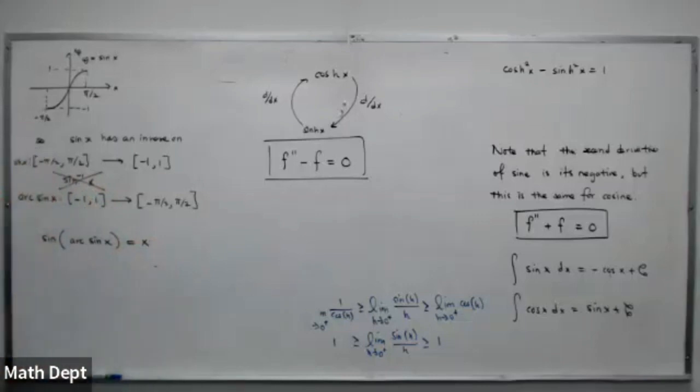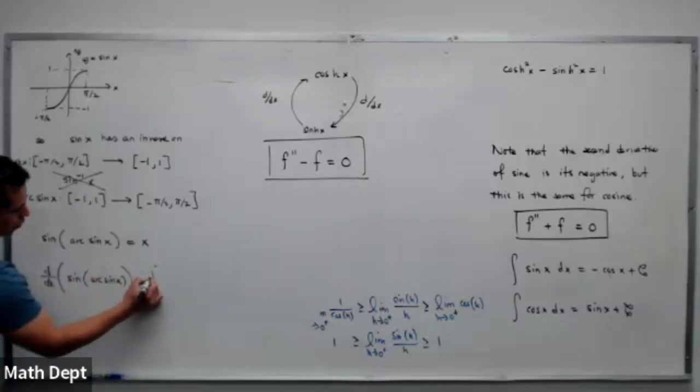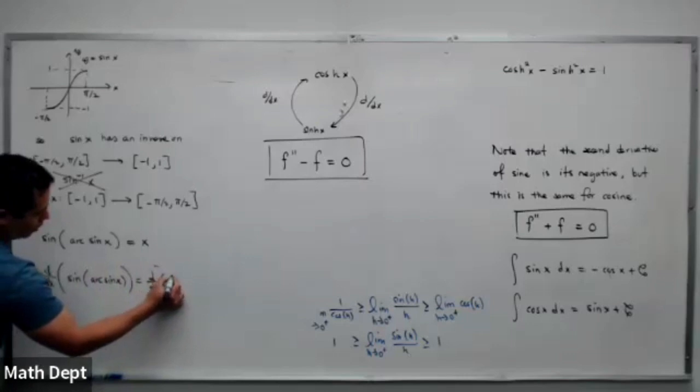It satisfies this, of course, only where this makes sense, when we're composing. But if we use this equation, then we can take derivatives everywhere. The derivative with respect to x of sine of arc sine x is equal to the derivative with respect to x of x.